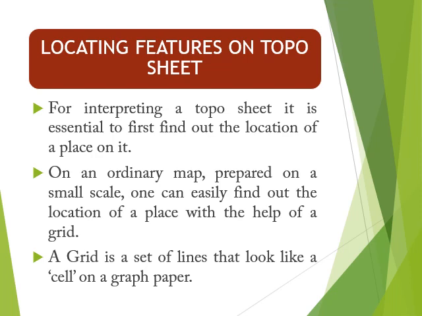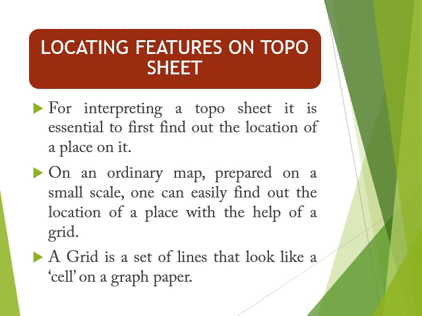These lines are the basis for reference to landmarks and places shown on the map. To find out the location that lies within a particular square, a grid reference system is used. In this type of reference, the first two figures give the eastings, whereas the last two give the northings.